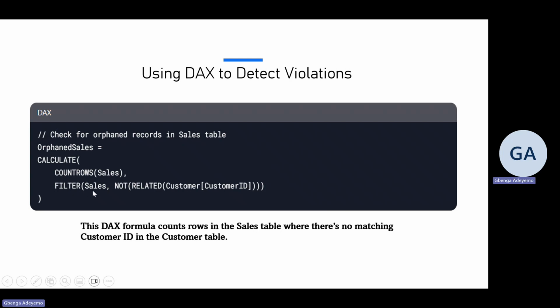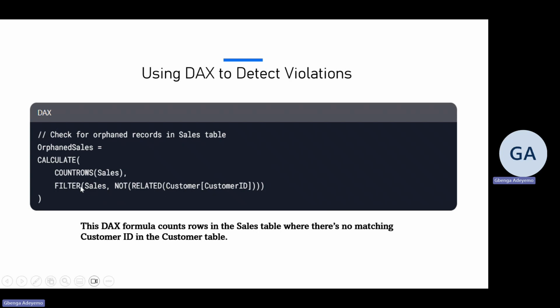Now filter the sales table, based on the relationship that exists between the customer table and the sales table. So it will count the rows in the sales table and look for where there is no matching customer ID in the customer table, right?